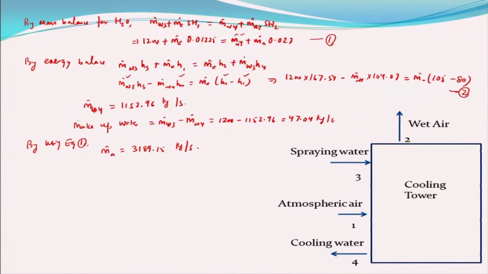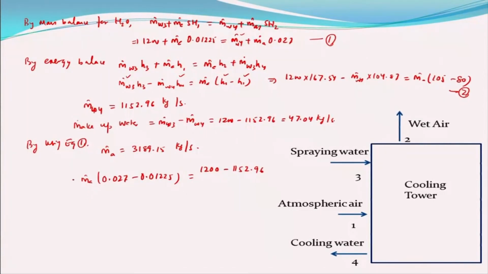From equation 1, I can get MA into (0.027 minus 0.01225) is equal to 1200 minus MW4, which is 1152.96.